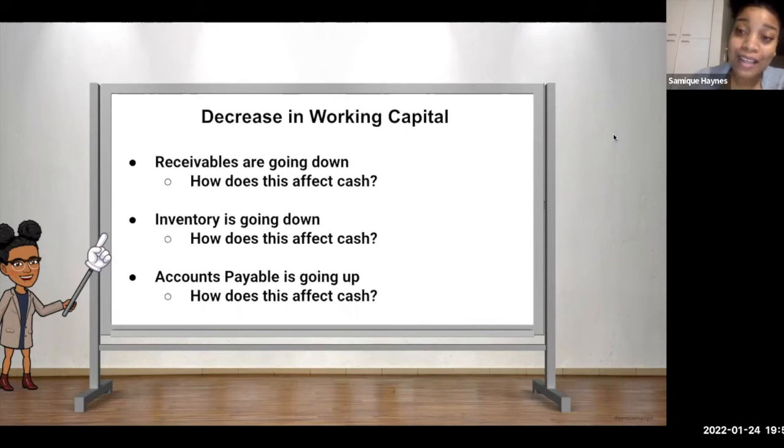So we'll add the increase in accounts payable to our cash flow statement under operations. But when we notice our accounts payable going down, it means the people that you owed money, you're paying them back. So your liability is going down, but your cash goes down.